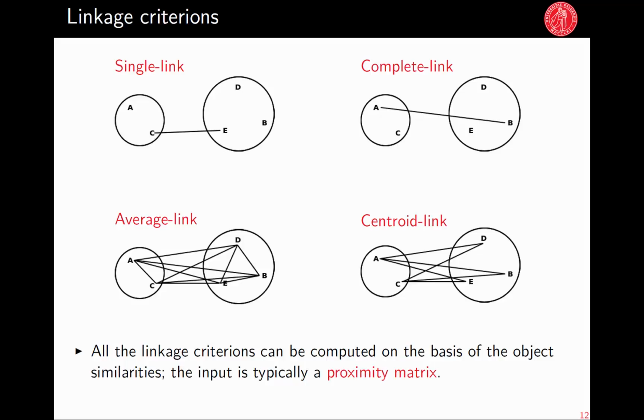And this matrix of pairwise similarities is all we actually need in order to define these single link, complete link, average link, and centroid link measures. We don't need to, in every iteration, recompute all these pairwise distances between the individual objects in our collection, right? It's much more efficient if we just do that once and pass in the proximity matrix as input to the algorithm.